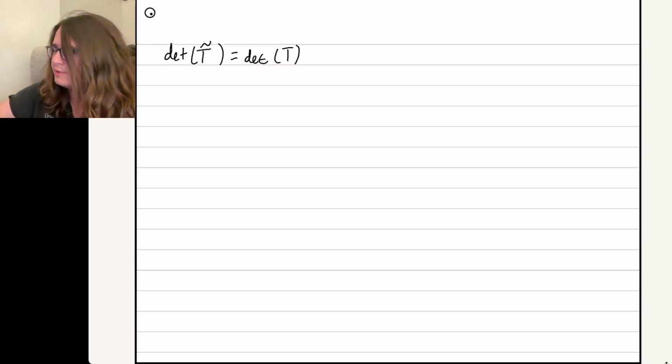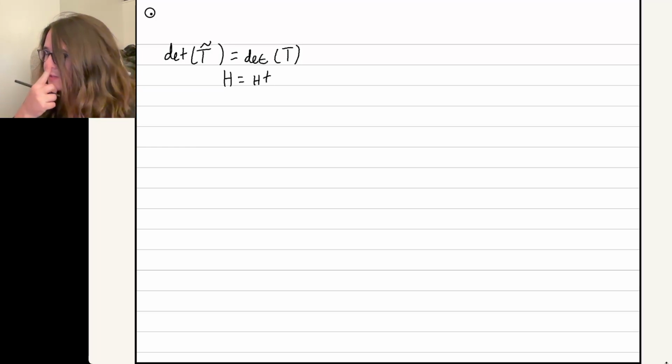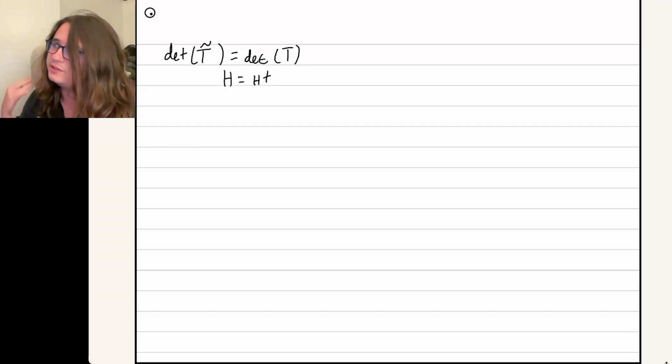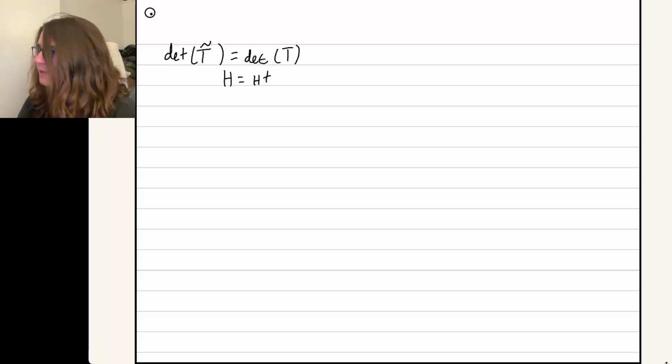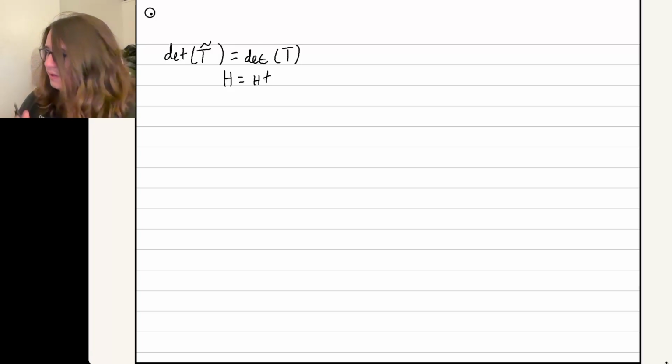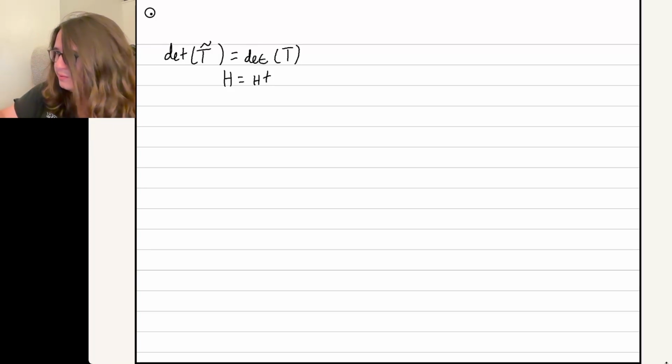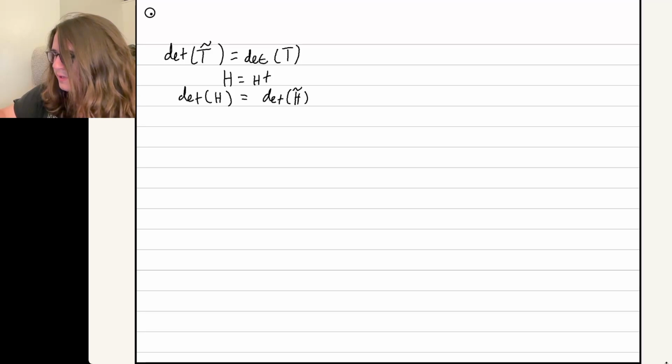Now, Hermitian matrices have this quality where H equals H dagger, that is, any Hermitian matrix is equal to its own Hermitian conjugate, right? So the first line that we're going to do is just what we said before, that the determinant of any matrix is equal to the determinant of its own transpose, right?